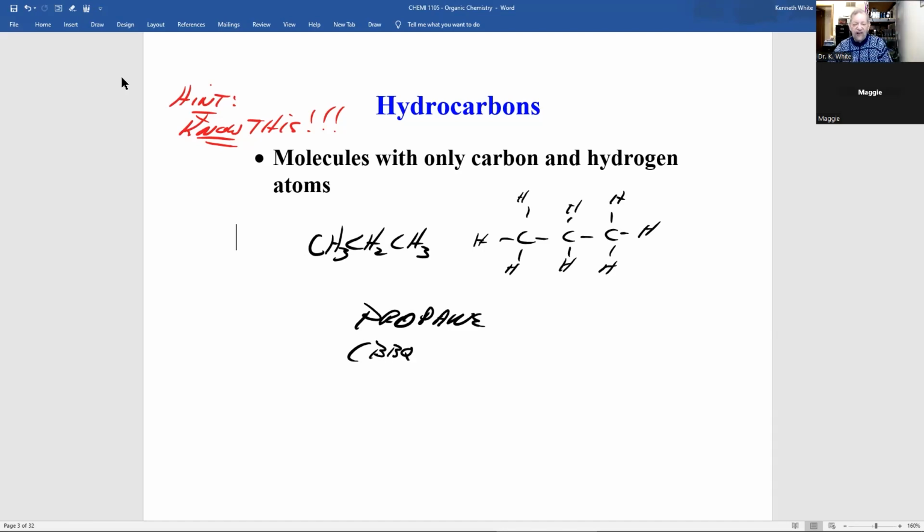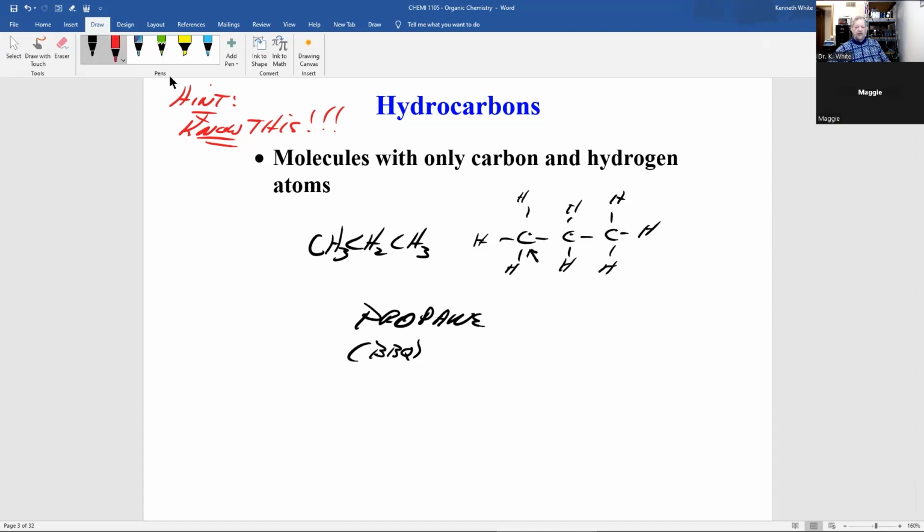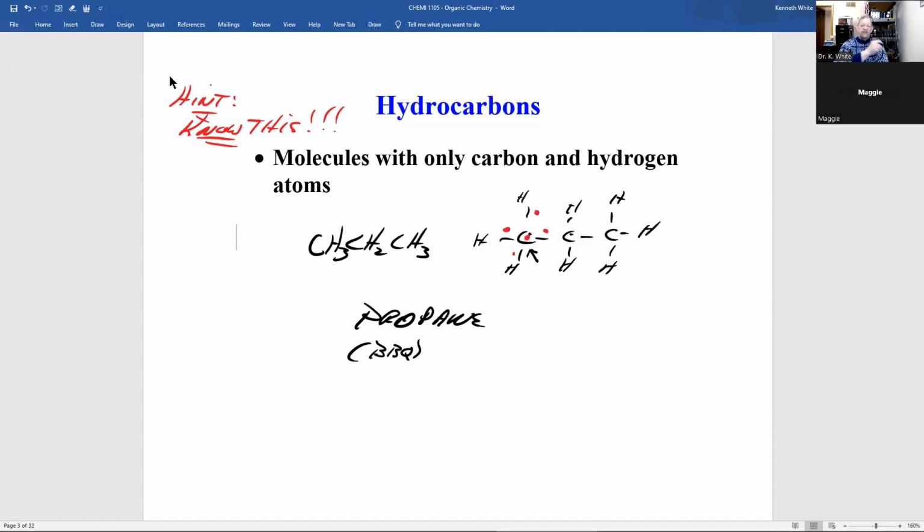That's the stuff in the white tanks that you burn to cook your food in your barbecue. Propane has 3 carbons and 8 hydrogens. Notice each carbon has 4 bonds to it, because carbon always has 4 bonds to it. 1, 2, 3, 4. This carbon has 3 hydrogens and a bond to another carbon, and they're linked together in chains. You should know a hydrocarbon is a molecule with only carbon and hydrogen atoms.